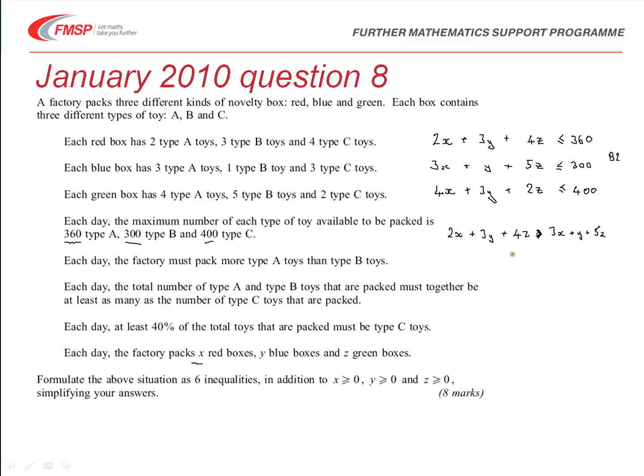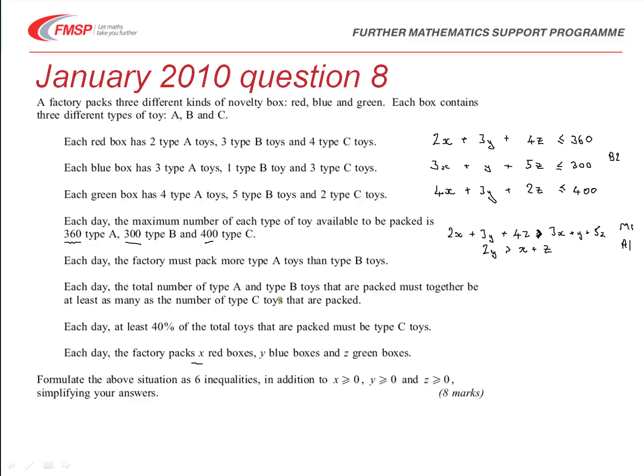If we rearrange that, we will end up with 2y must be greater than x plus z. So again, you'll get 1 mark for the initial statement and then an additional mark for rearranging or simplifying it to something more basic.